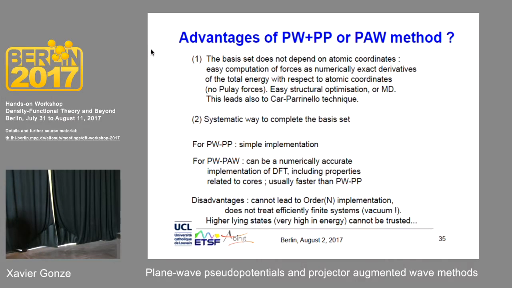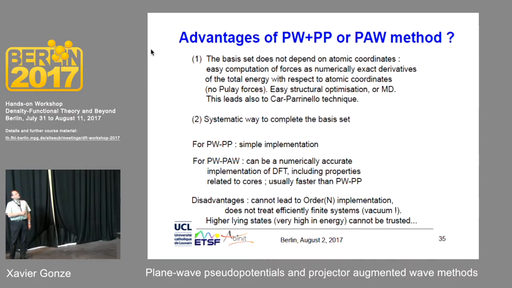So many properties are not implemented in PAW, but are implemented in norm-conserving. Well, with time it tends to be less and less, but still to my knowledge, for example, there is no direct third derivative of the total energy computed in DFPT using PAW, while it's implemented with norm-conserving pseudopotential.